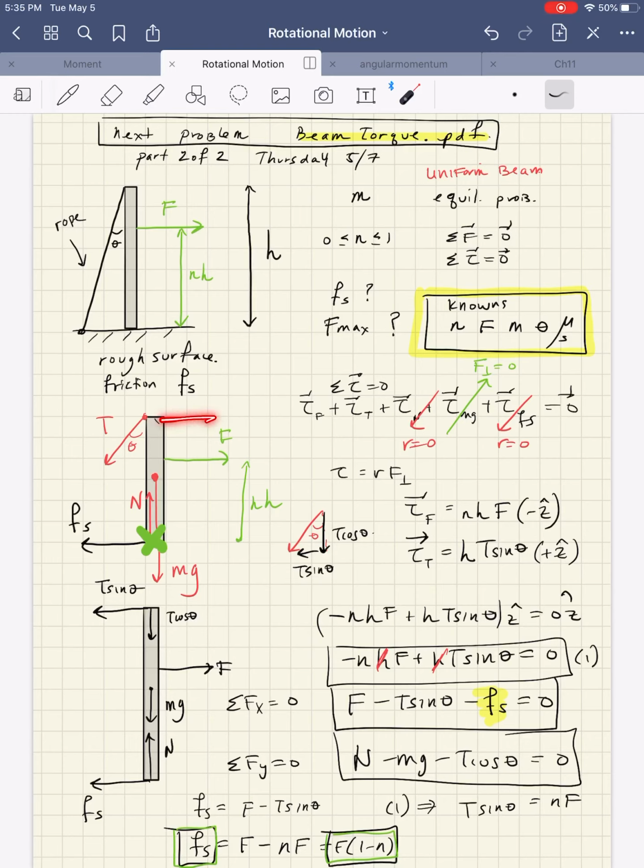At the top, that T sine theta is enough to counteract, because look, T sine theta is n times F. So at the very top, when n is equal to 1, they'd have exactly equal and opposite torques, giving you torque equal to 0 there. So there won't be a need for the force of static friction. When this is pulling up at the top, this goes away to be 0.